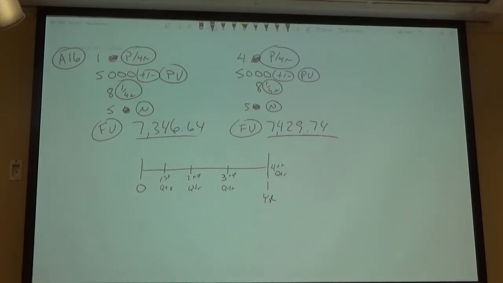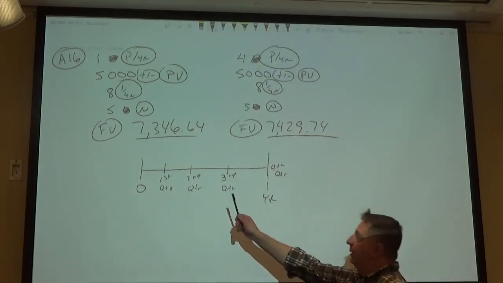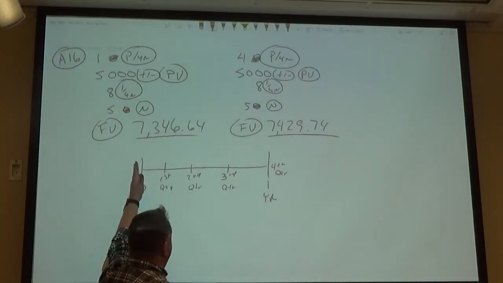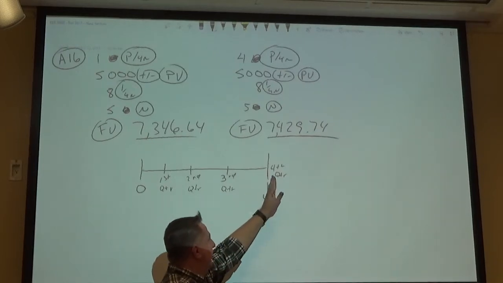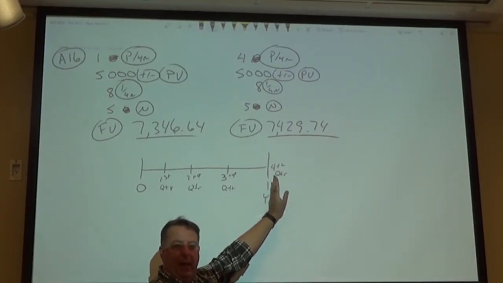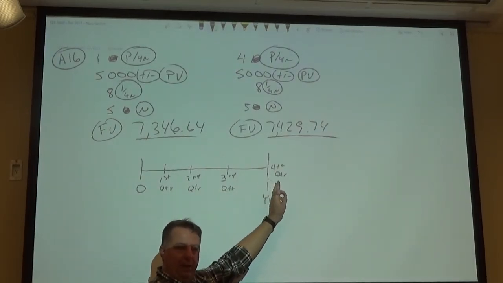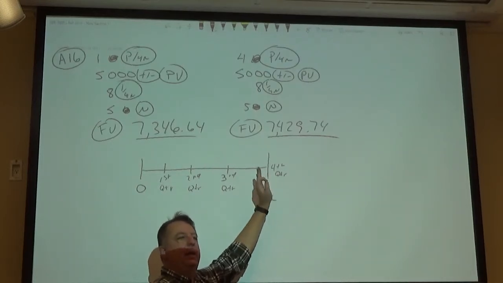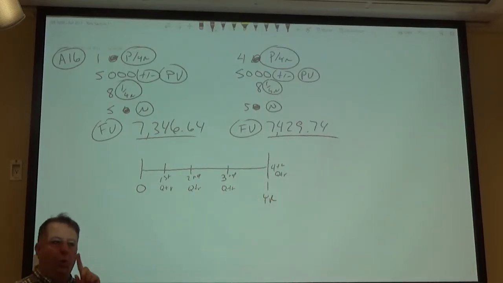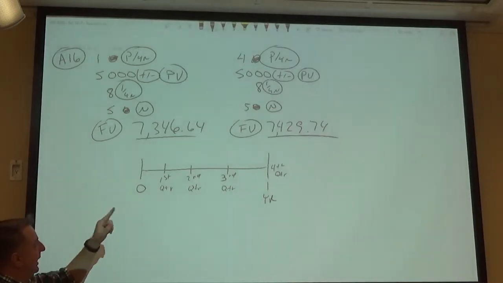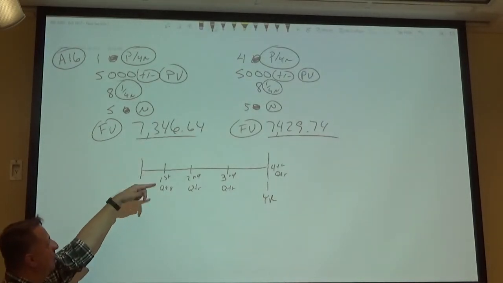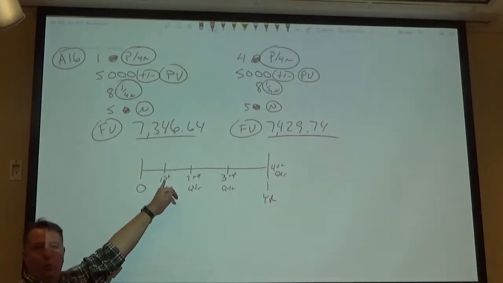Under the first scenario up here, we're only getting 8% interest calculated 1 time over the course of the year, so it gets applied as 8% here. But with the quarterly, we're getting basically 1/4 of that, or 2% each quarter.